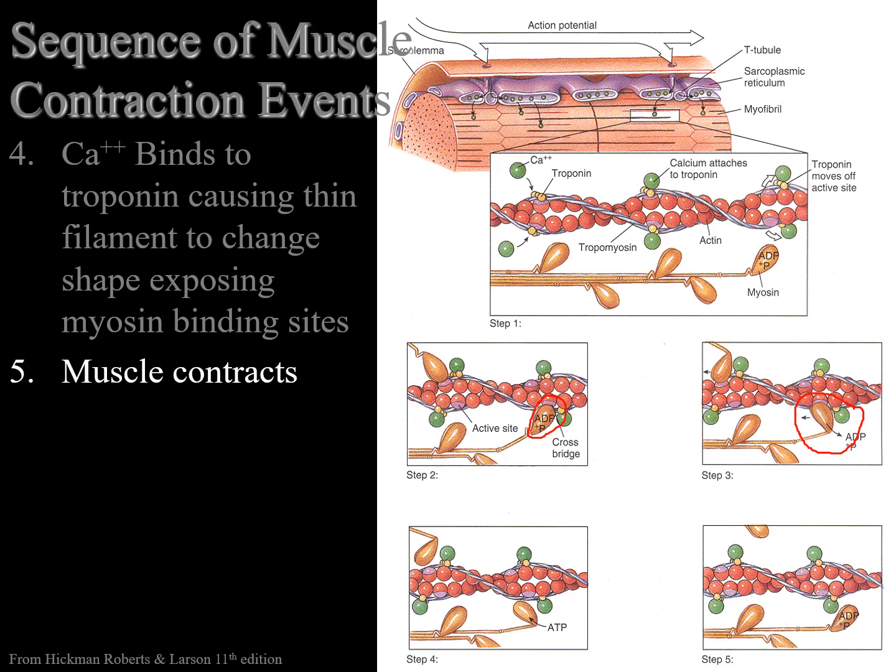When it's open, like in the first picture, that's the cocked configuration, and then it does the power stroke. And then what it'll do is release from the binding site, which is what's happening down here, and then open up again. So it's cocked, and then it attaches to the next binding site, and it basically just walks along. So the myosin walks along the actin and pulls it along, and that's why the muscle contracts.